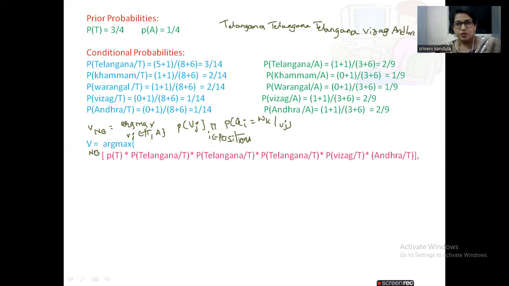For each, your i belongs to these positions: initially i is 1, then 2, 3, 4 and 5. For all these positions you have to take the conditional probability value and multiply it. That is the meaning of this product over i belonging to positions of P of a_i.